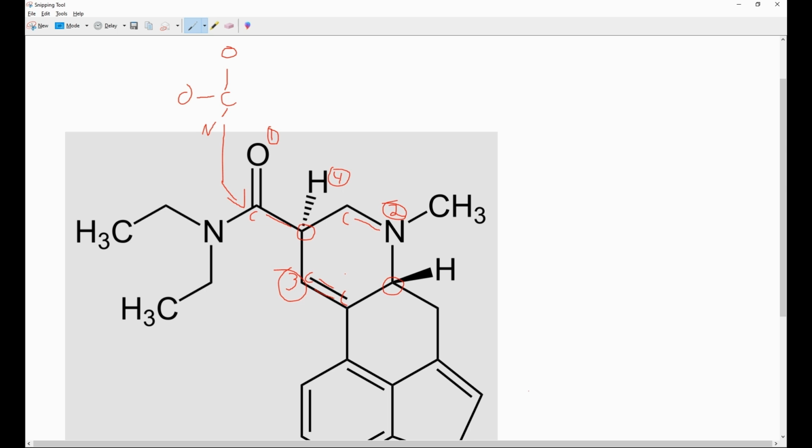Now, we are very lucky considering that the hydrogen here is drawn with a hash, meaning it is facing away from us in the molecule. That allows us to easily decide if this is an R or an S configuration.